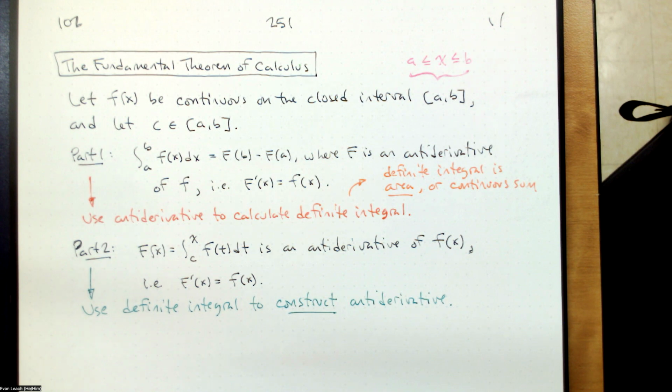So the reason that this is important is that we're using the definite integral to construct this antiderivative. Definite integrals can be approximated to any degree of accuracy by finding area, length times width. That's what's useful about this part of the fundamental theorem of calculus.